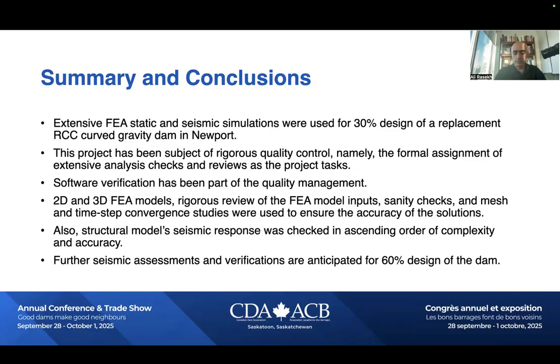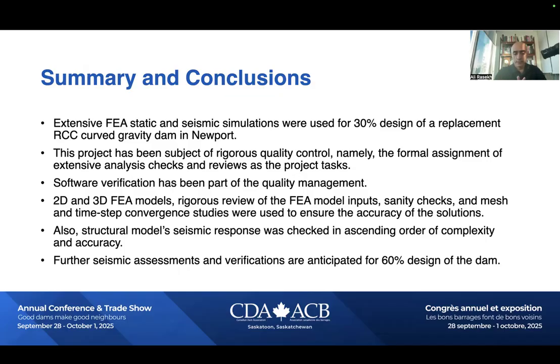However, as I said, the quality management code calls it validation, software validation. 2D and 3D FEA models, rigorous review of the FEA model imports, sanity checks, and mesh and time step convergence studies were used to ensure the accuracy of the solutions. Also, the structural model seismic response was checked in ascending order of complexity and accuracy.